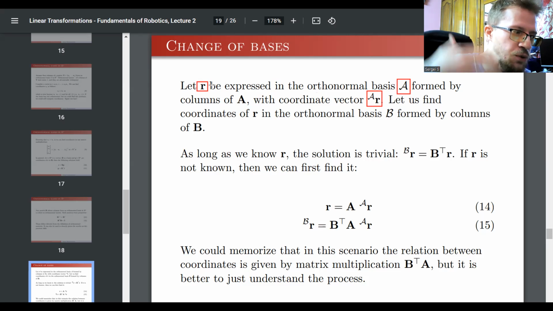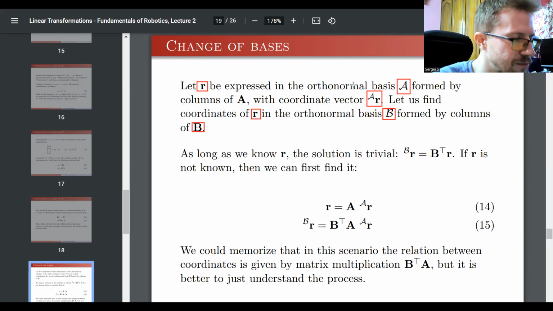What I call abstract vector, so just a vector. These are coordinates in terms of A. Now, let us find coordinates of R in terms of a basis B formed by columns of B. Okay, let's do it.